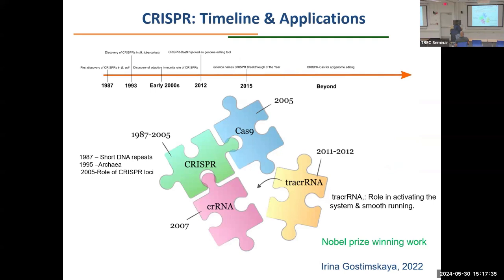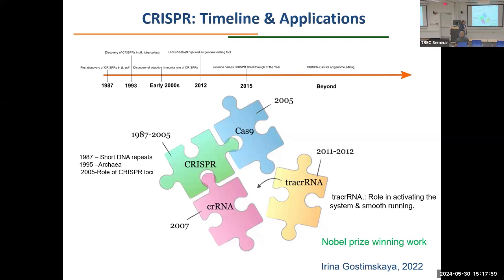So this is the timeline of the CRISPR discovery. In 1987, a few repeat elements were identified in E. coli, but by that time their role in immunity was not known. Later, another group of researchers identified similar repeats in archaebacteria.